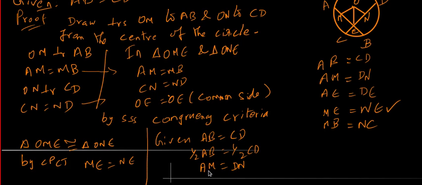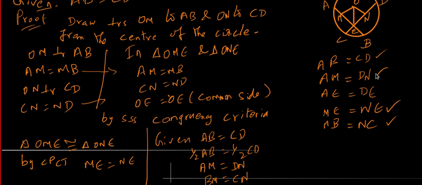The same way, in the second half, BM equal to half of CD becomes CN. So we are getting these two equalities, AM equal to DN and BM equal to CN, and this is given.